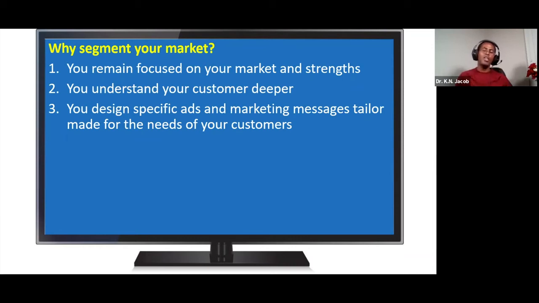Let me ask you, if you are targeting boys aged 11 to 15, boys of working class parents all over the world, what one product can you sell to them in this time and age?